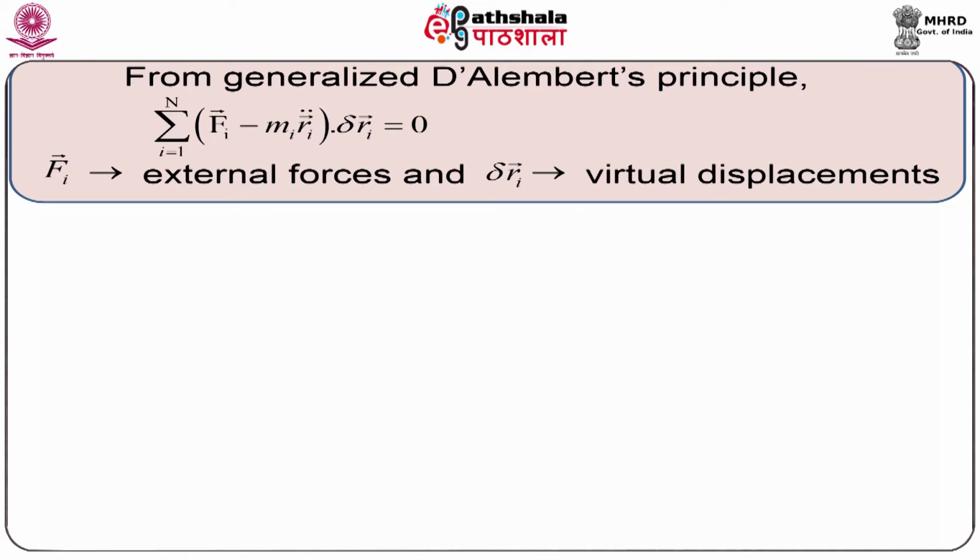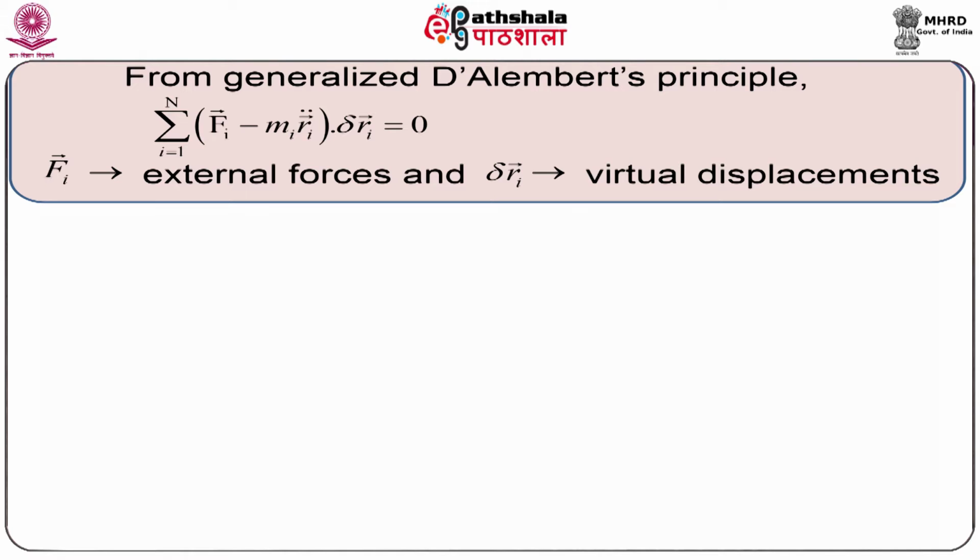From the generalized D'Alembert's principle, which is a very important principle and a combination of the virtual work principle and D'Alembert's principle, we get summation over i of fi vector minus mi into Ri vector double dot, dotted with delta Ri vector, equal to 0. Here fi vector is the externally applied force, and mi into Ri vector double dot, that is mass into acceleration, gives the inertial force.